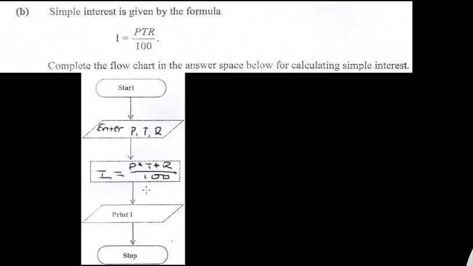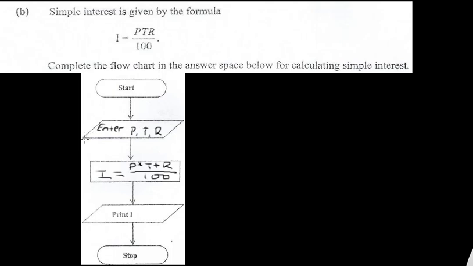This is showing that an action is taking place, P multiplied by T multiplied by R. You don't just write PTR, but you need to tell the computer that we are multiplying. So how do we show multiplication? By using stars or asterisks, as they are commonly known. And once you enter these two, you are done, and you get the full marks on this question.